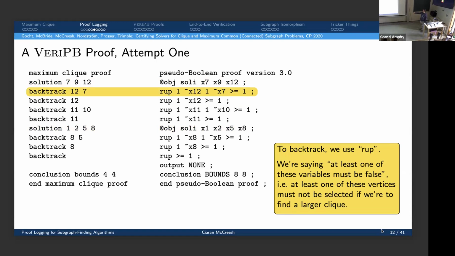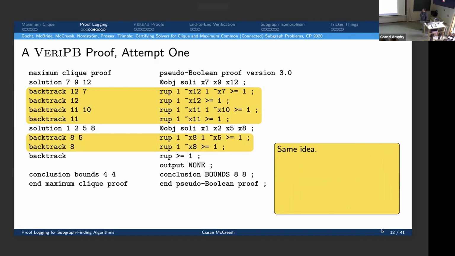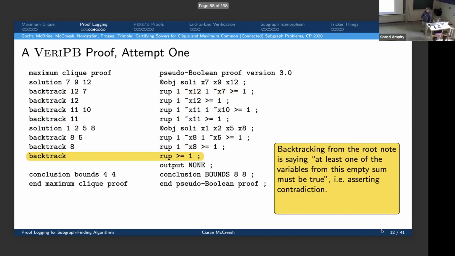So either not 12 or not 7 is greater than or equal to 1. Again, this is just syntax. A backtrack constraint is just saying at least one of these vertices has to be false. So I turn all my backtrack lines into these rep constraints. Backtracking from a root node is saying that the sum of 0 variables is at least 1. So this is our notion of contradiction.